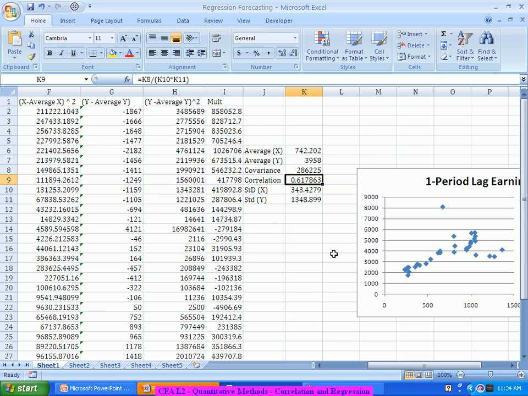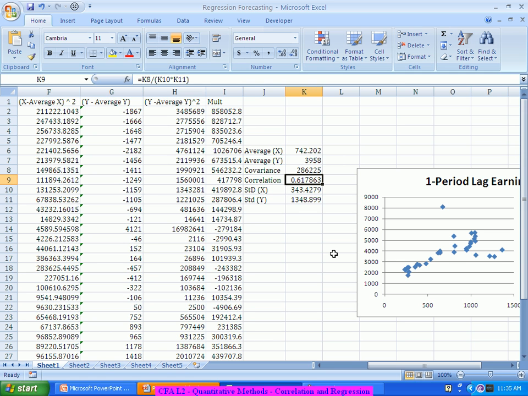Because some other sample I take, it may become 0 or it may become -0.1. So is it by fluke or is it consistently 0.2? Is it significant? Just like the way we have done hypothesis testing for means and variances, we have to do a hypothesis testing for correlation also.